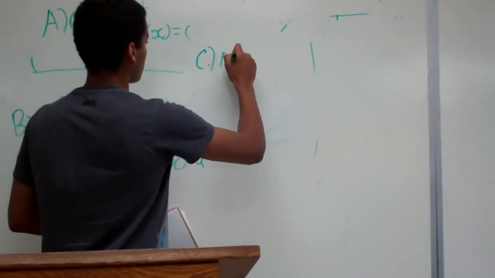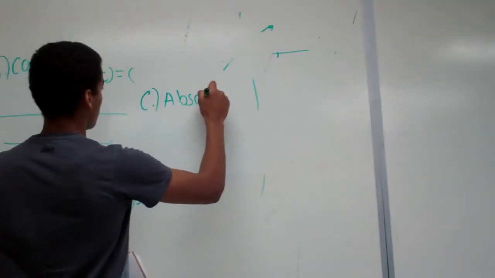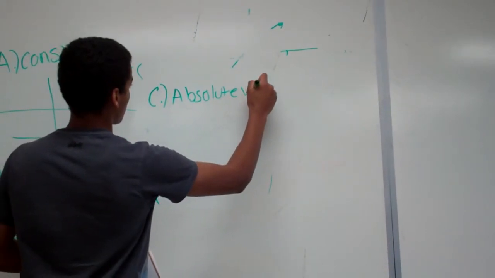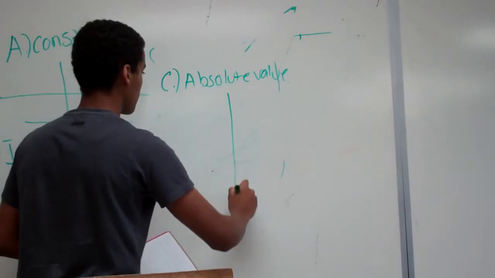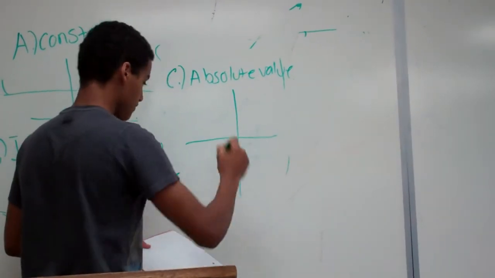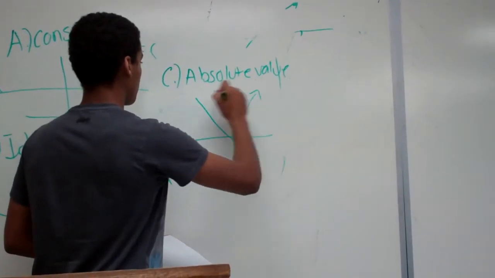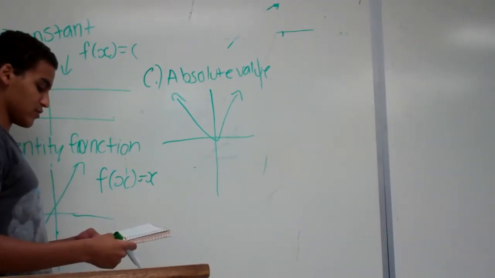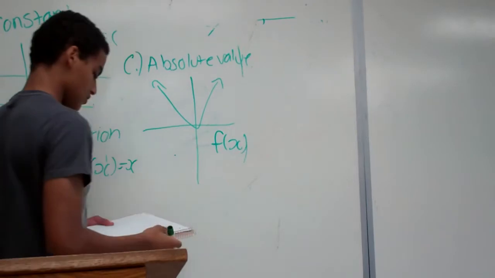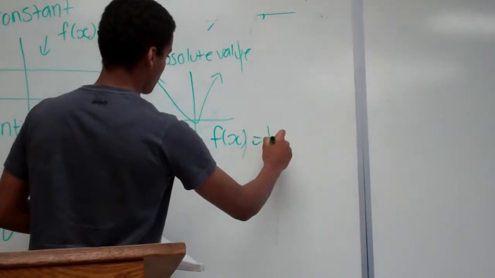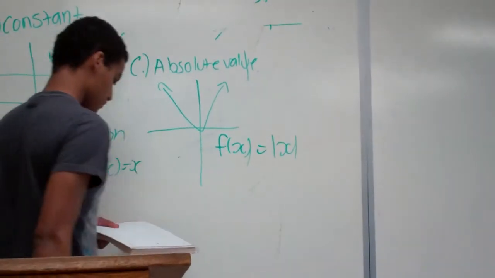and then the other parent function that we have is the absolute value. And this is represented by this graph right here. These are rough sketches of all the graphs of the parent functions. And this is represented by f of x equals absolute value of x.